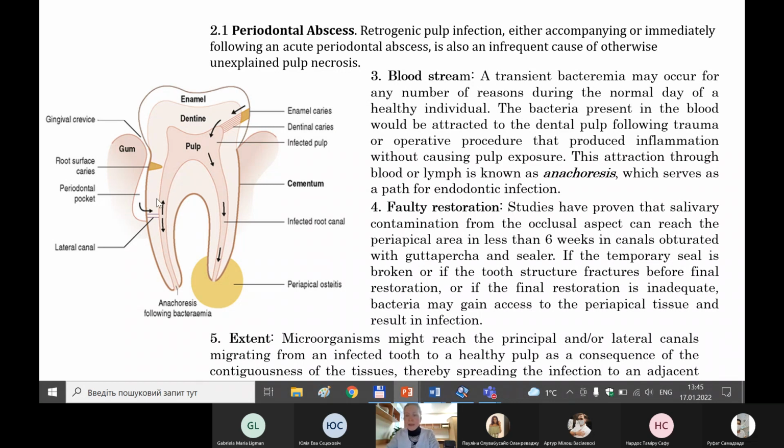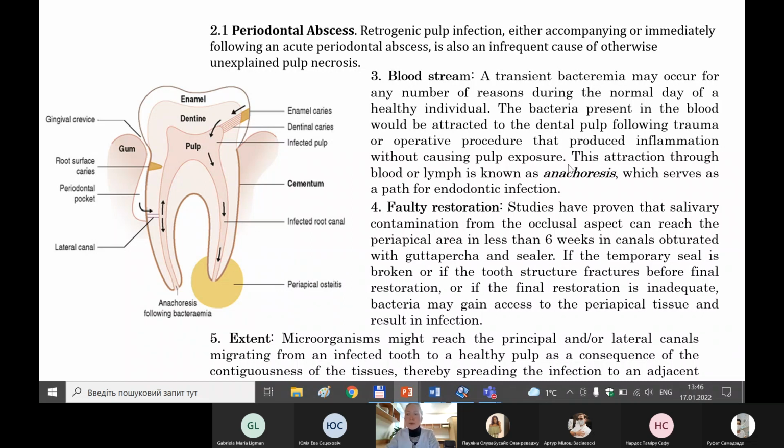Bloodstream. A transient bacteremia may occur for any number of reasons during the normal day of a healthy individual. Bacteria present in the blood would be attracted to the dental pulp following trauma or operative procedure that produced inflammation without causing pulp exposure. This attraction through blood or lymph is known as anachoresis, which serves as the path for endodontic infection.